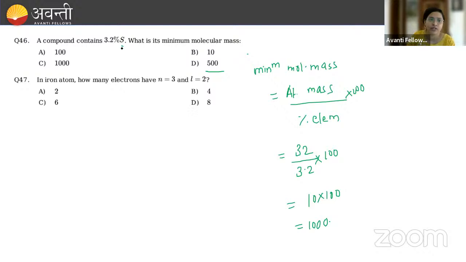So here we have to take 6.4% of sulfur. If we take 6.4% of sulfur, our answer will be 500.